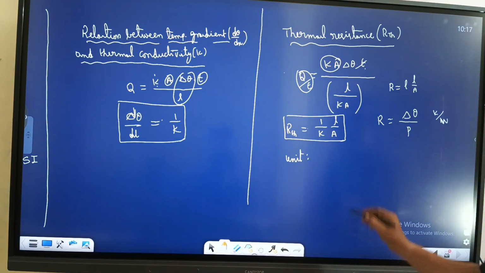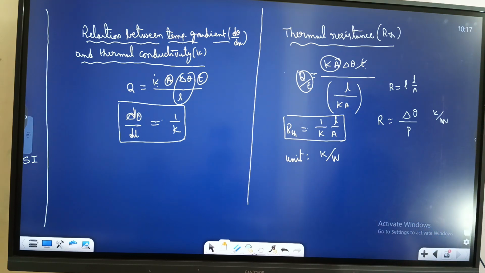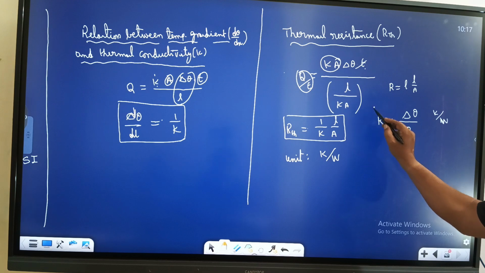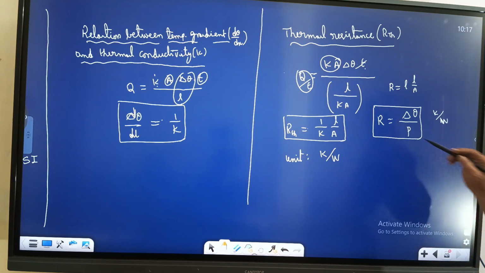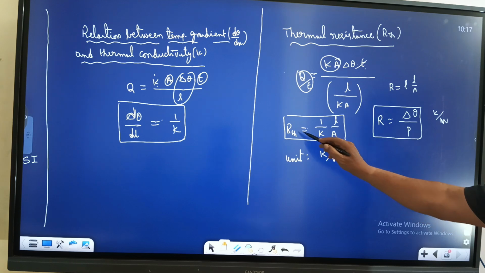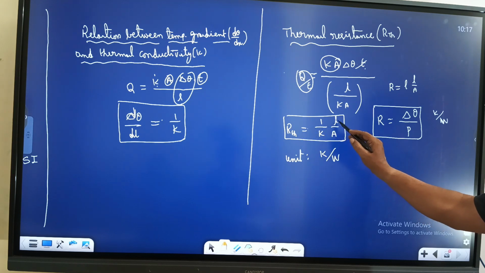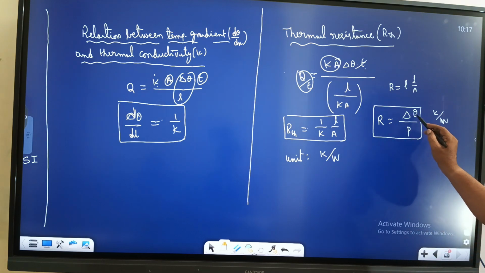So thermal resistance with respect to thermal conductivity is R TH equal to 1 by K into L by A. And with respect to power, R is equal to delta theta by t. If you know power, you can find the temperature difference. So those are the units.